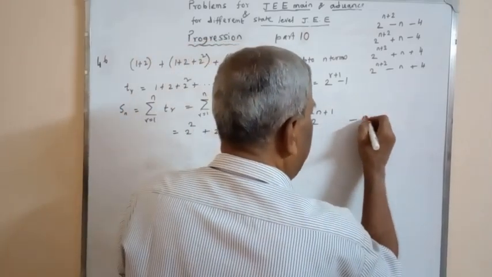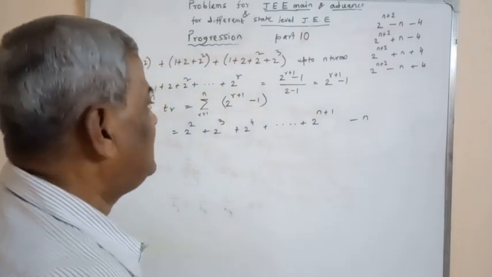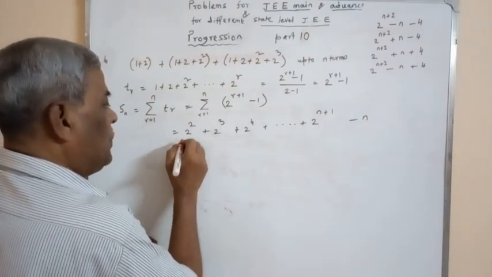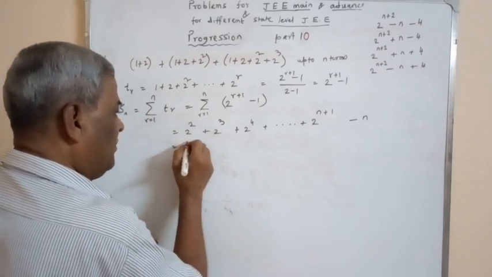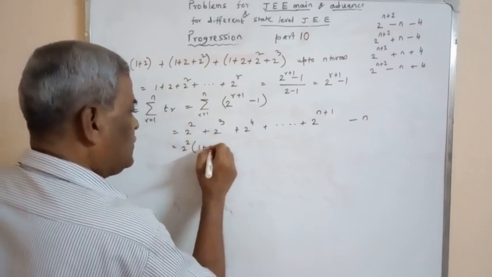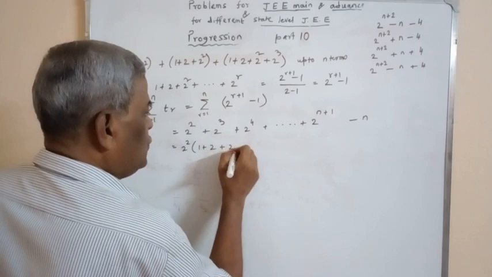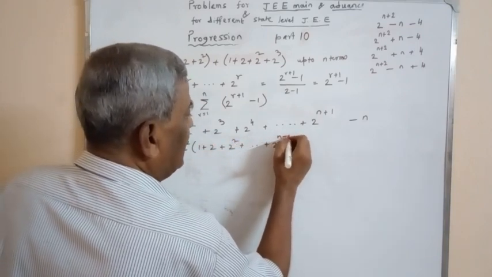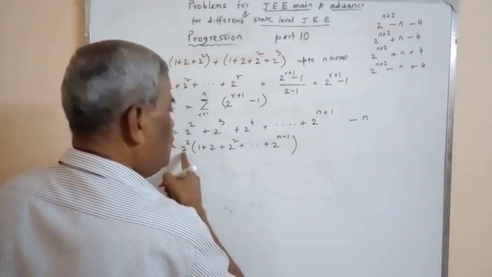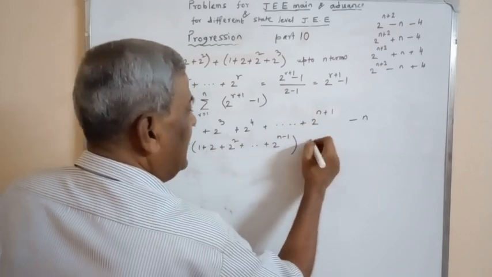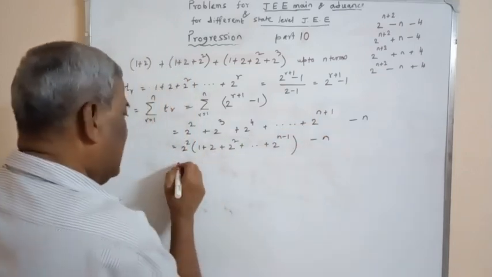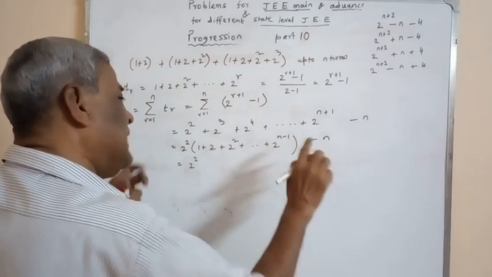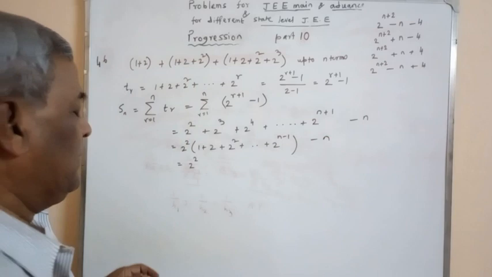So there are minus 1 n times, so minus n. Now this is equal to 2 to the power 2 into 1 plus 2 plus 2 square up to 2 to the power n minus 1, because 2 to the power 2 is taken common, minus n. This is again a GP.